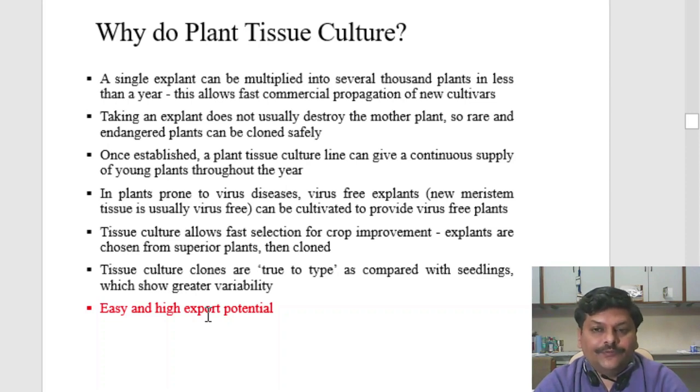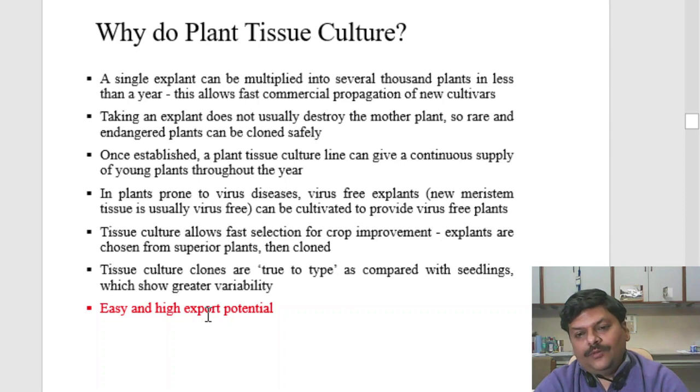And third, because they have higher quality, they have easy and high export potential to foreign countries. For example, most of the orchids which we see these days in our market originate from one single country, that is Thailand.